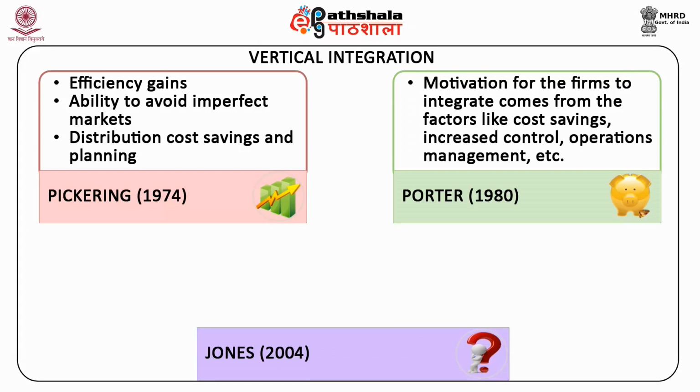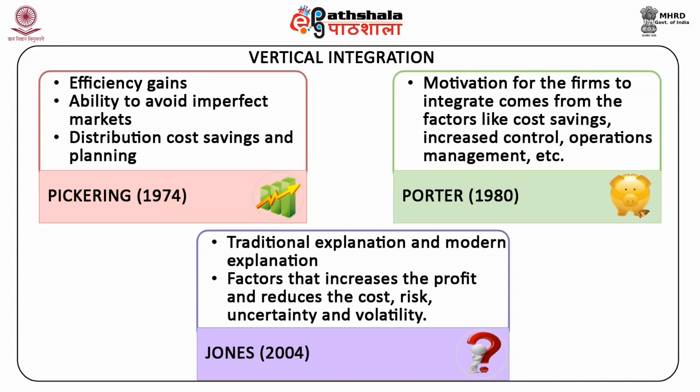Jones in 2004 examined the reasons for vertical integration of the firms under 2 categories referred to as traditional explanation and modern explanation. Both sets of explanations look for the factors that increase the profit and reduce the cost, risk, uncertainty, and volatility. These 2 sets of explanations have been dealt with in detail in the following sections.